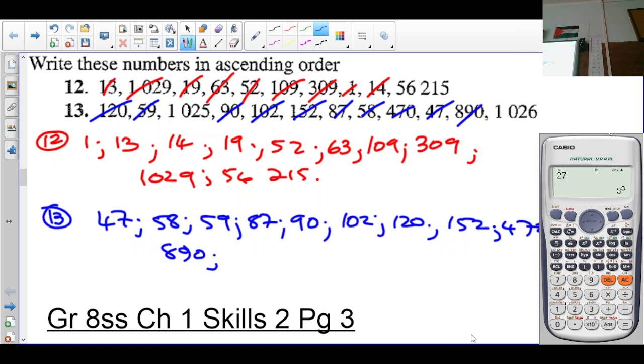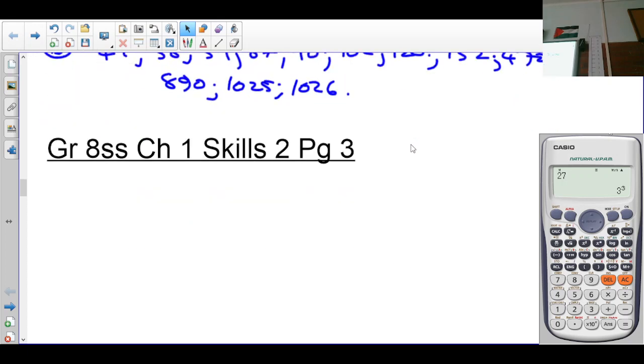Followed by? 1025. And then? 1026. Any confusion here? Okay? What's wrong? Zainab. Alright.